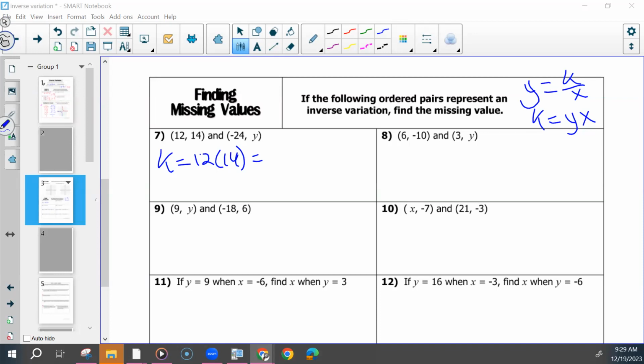So k equals 168, then use your other ordered pair to set up your y equals k over x. So we don't know y. We know our k is 168. We know our x is -20. Divide that.